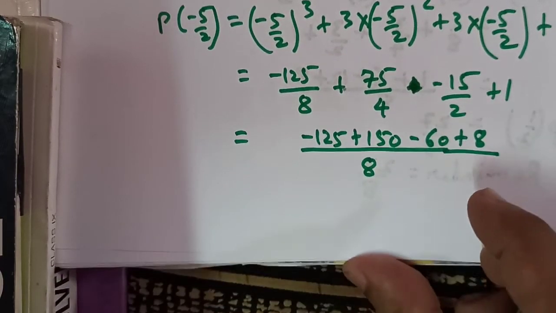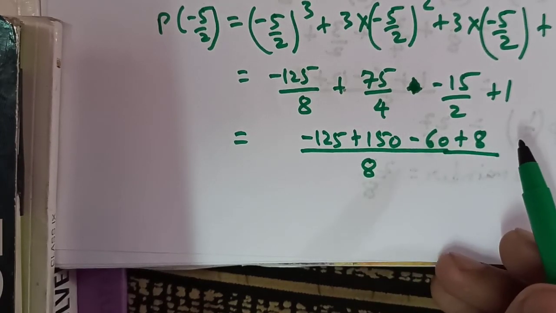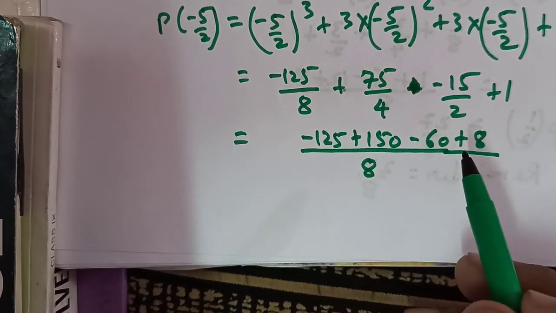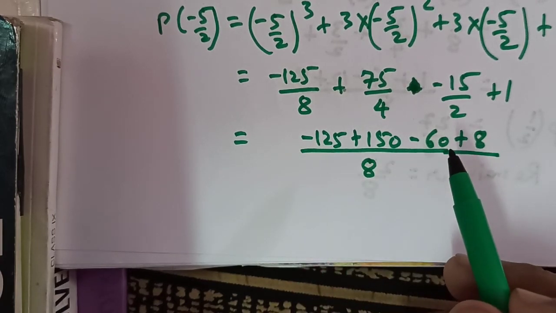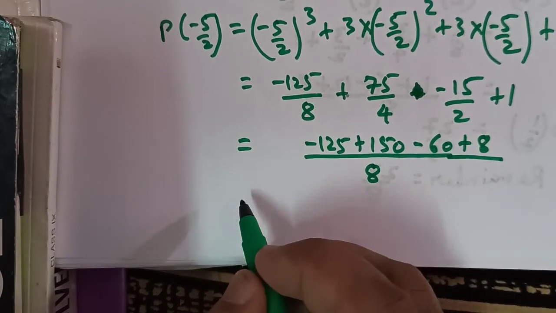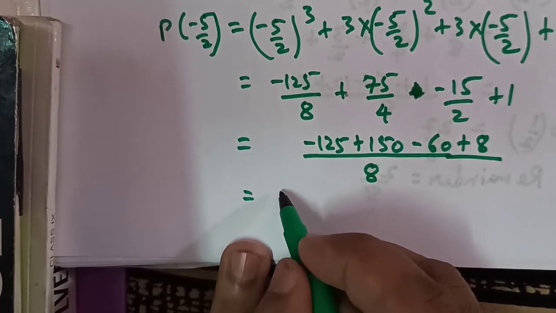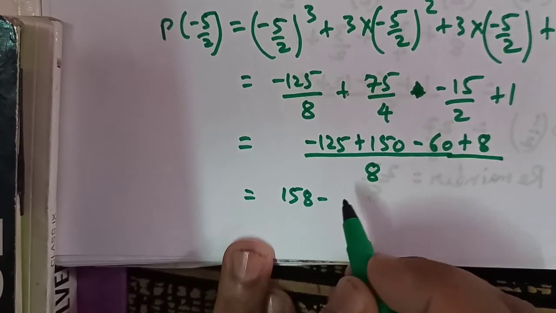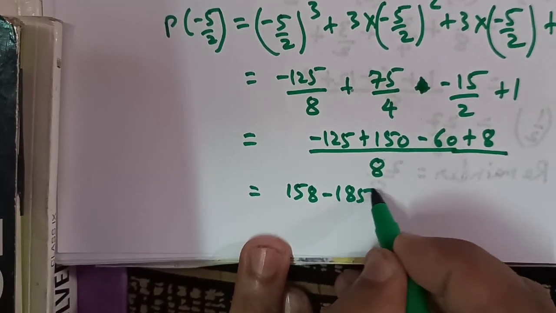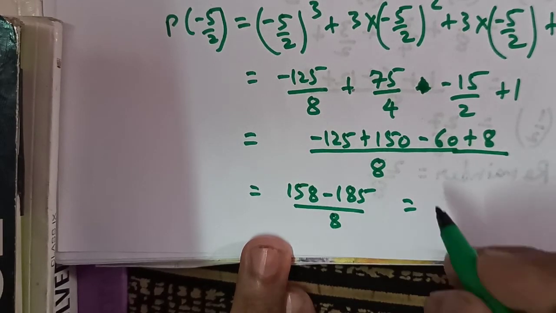So now once we solve it, we are getting 158 minus 125 plus minus 60, that is 185. So it will be equal to 158 minus 185 upon 8, that is coming equal to minus 27.